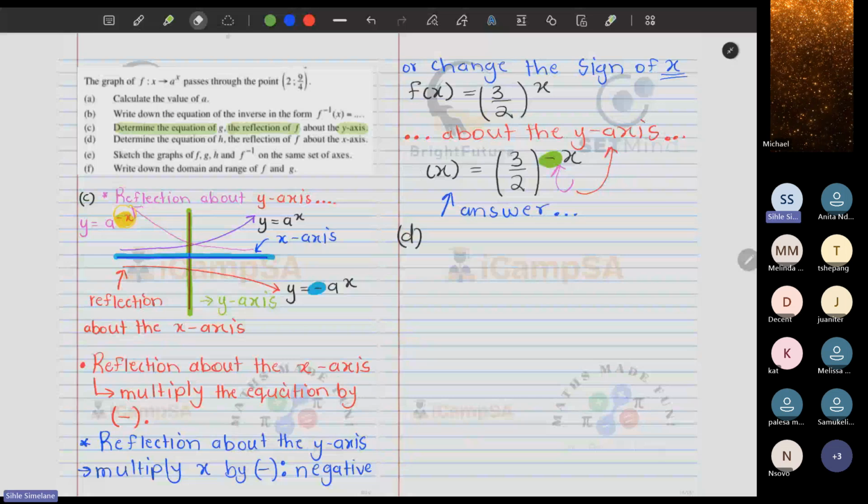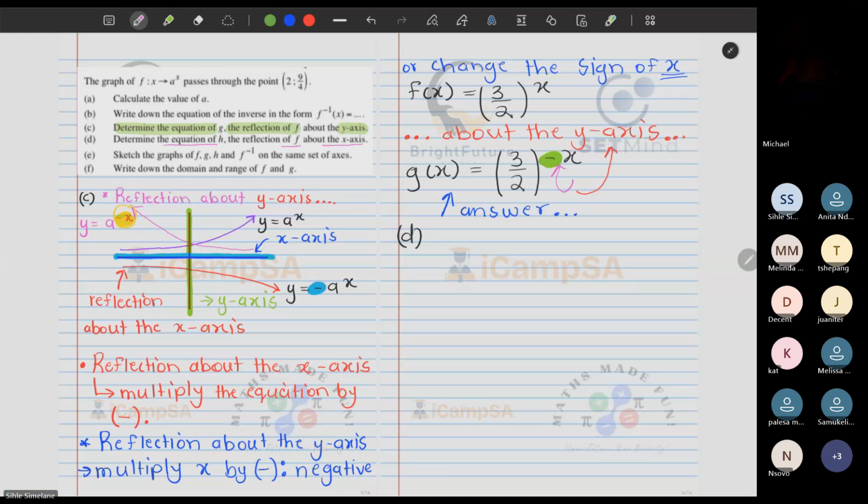Now, if you look carefully at the next question, they say we need to determine the equation of H, which is a reflection of F about the x-axis. What are they saying? We are now dealing with the reflection about the x-axis.